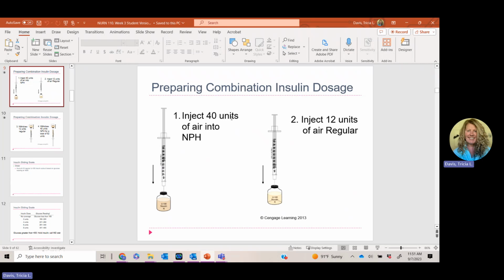So step one here, we're going to pretend like we're giving 40 units of insulin. We're going to take our empty syringe, pull it back to the 40 mark for 40 units. Then we're going to take the cap off, clean off the top of our bottle, inject our needle in, push down on that barrel, and inject that 40 units of air into the bottle.